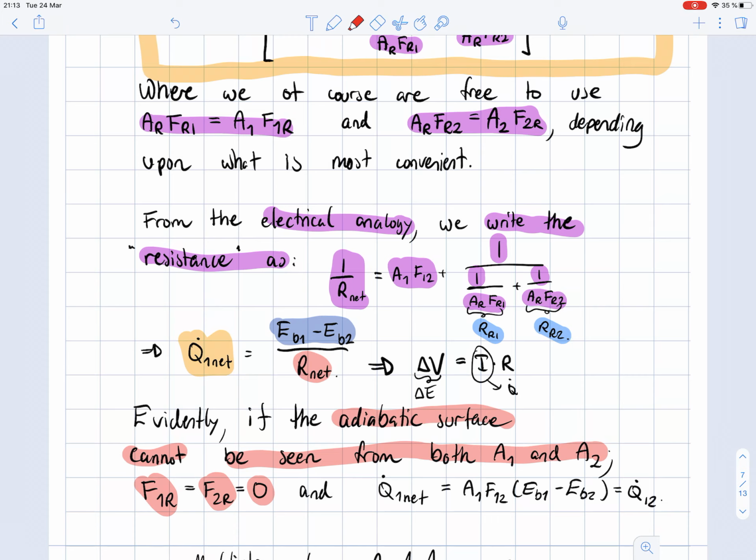And in that case, the net heat transfer rate will essentially be A1 F12 times (EB1 minus EB2), which is the same as Q12. That means if the adiabatic surface is not visible, it does not intercept any radiation, and the system will behave as though that surface wasn't there. Obvious, hopefully.